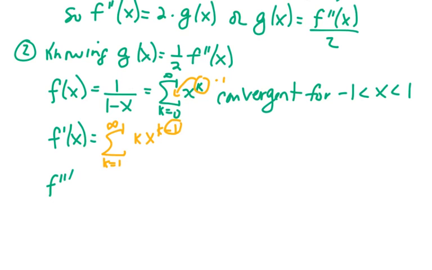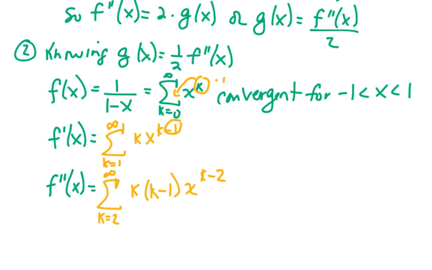So the second derivative, manipulating the power series directly, is going to be k times k minus 1 times x to the k minus 2. And again, since I have subtracted off 2 for the second derivative, I'm going to start it off at 2.